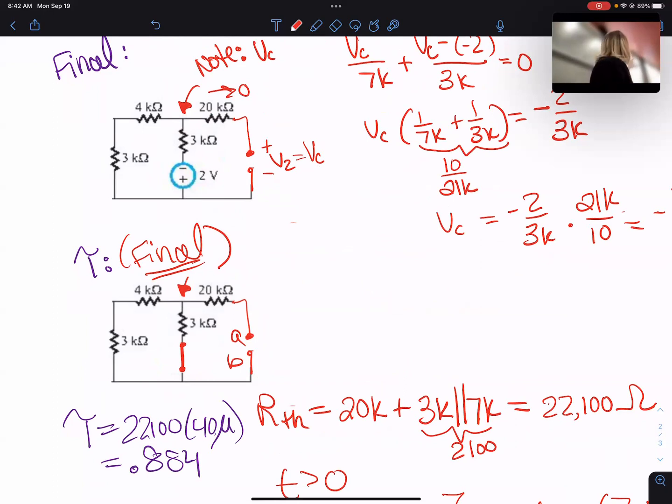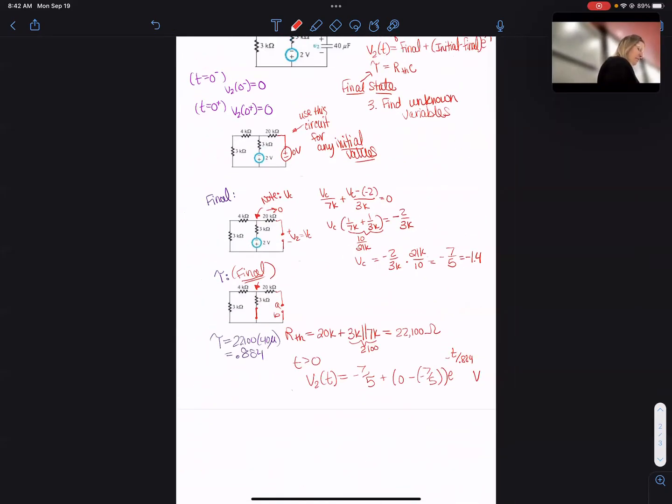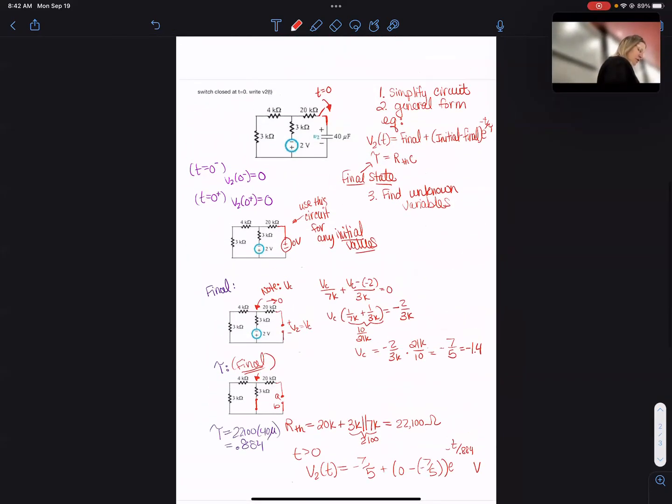So it's 20K plus 3K in parallel with 7K for 22,100. Then multiply that by the 40 micro from the capacitor, and that gives you tau, and then plugging that into the general form equation.